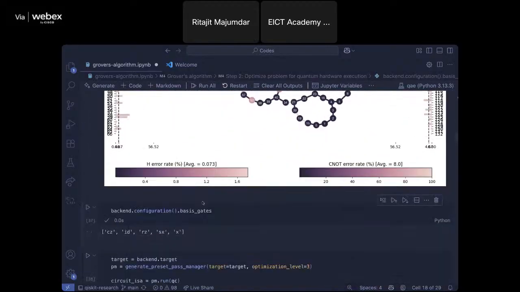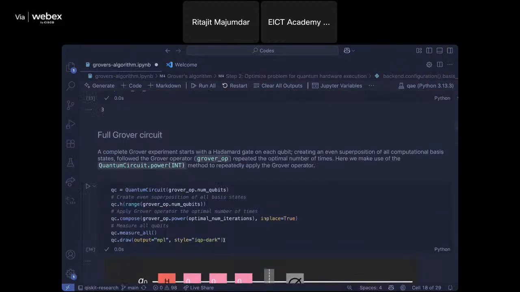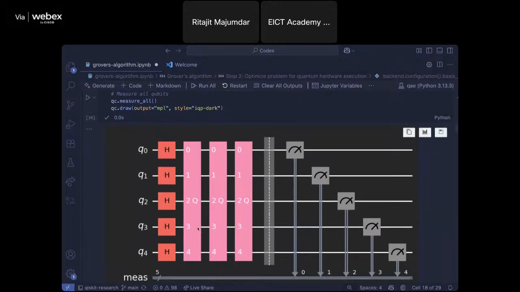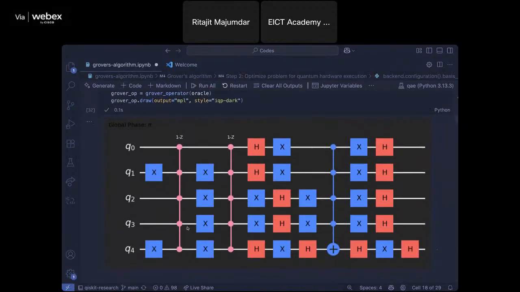It's because all these are single qubit gates, rotation around Z, Sx, that's the square root of X gate, this is identity. Cz is a 2 qubit gate. Here we have 5 qubit gates. And when you break down these 5 qubit gates, they consist of this multi-controlled Toffoli, MCMT.